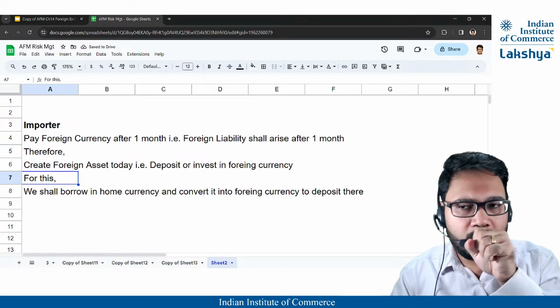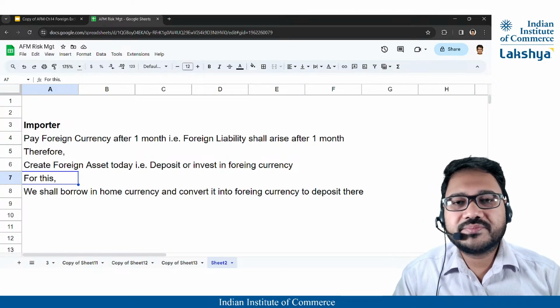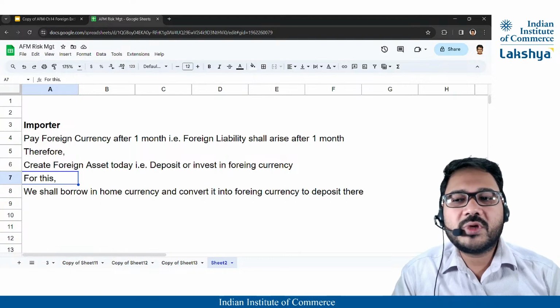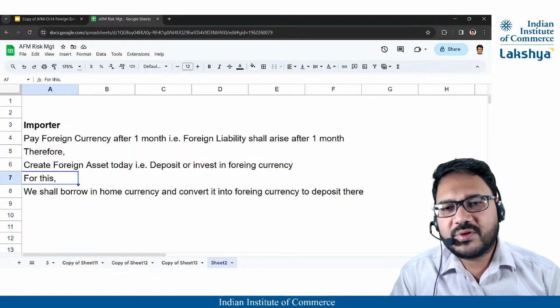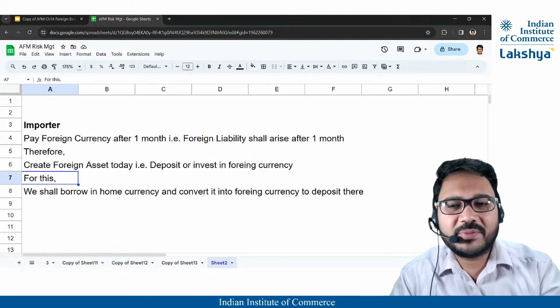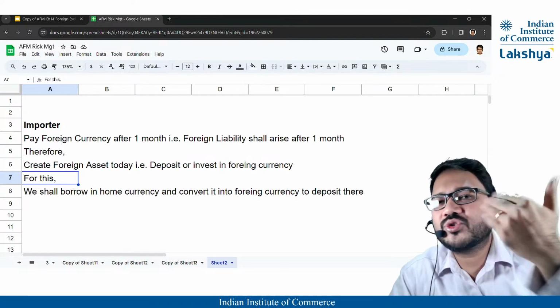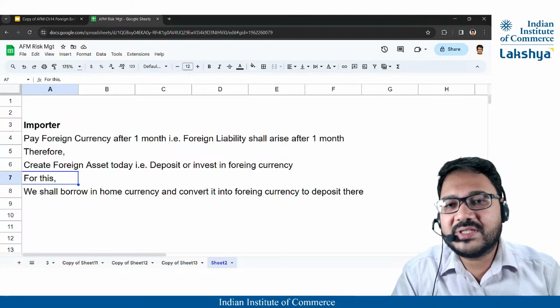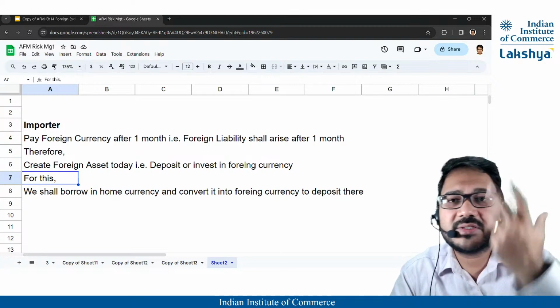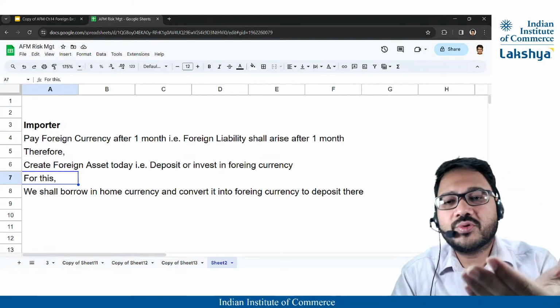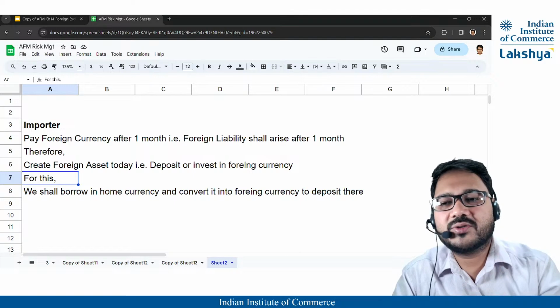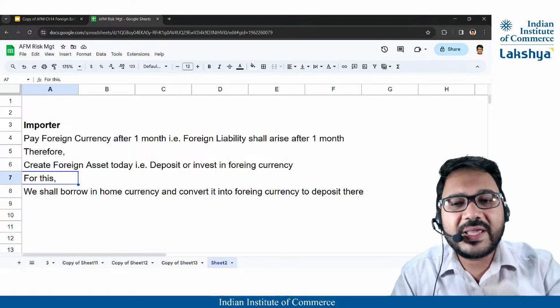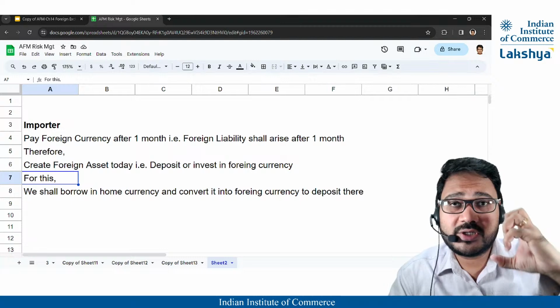So, as an importer, we have to pay foreign currency after 1 month. Now, I've just given one example of a month or 2 months, 3 months, whatever. In a future date, we are to pay the foreign currency because we have imported goods today. So that basically means that we are creating a foreign liability which will arise after 1 month. So to counter it or balance it out, we need to create an asset today so that that asset matures.